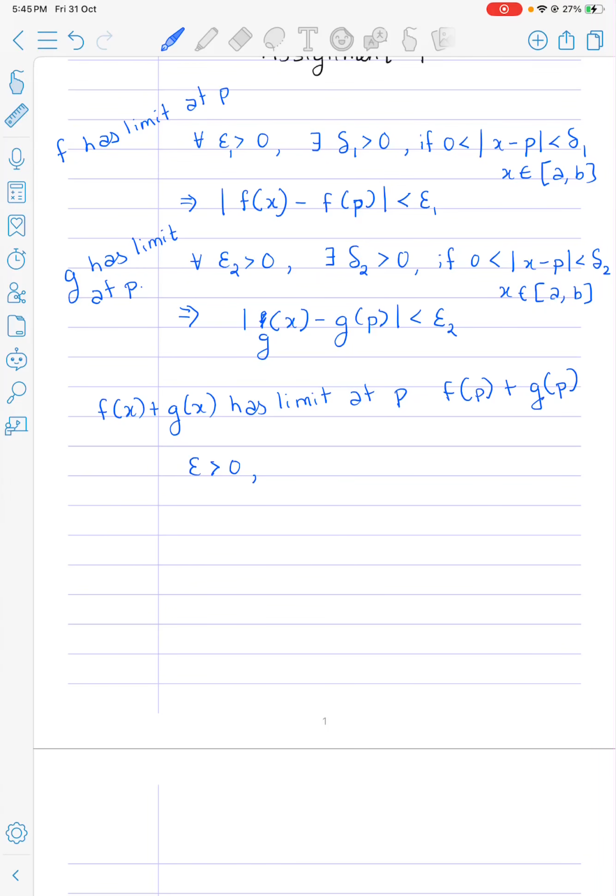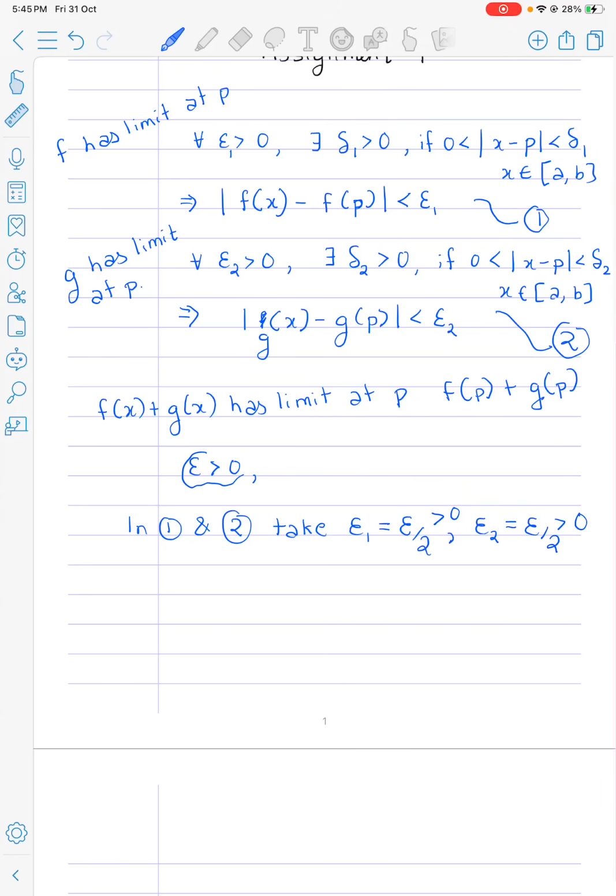In this definition, let's say this is 1 and this is 2. In 1 and 2, take epsilon 1 to be epsilon by 2 and epsilon 2 to be epsilon by 2. Both of them will be greater than 0 because epsilon is greater than 0.